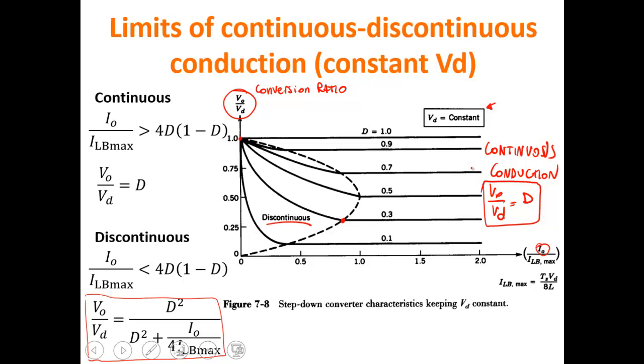Just to understand the point, if we, for example, have a single system, that is the example of a receiver that I was doing before, that is switching between a high value of the current and a low value of the current. For example, we need the same VO and we have the same battery. So let's assume that VO over VD must be constant, okay? But the current required by the load changes very rapidly.